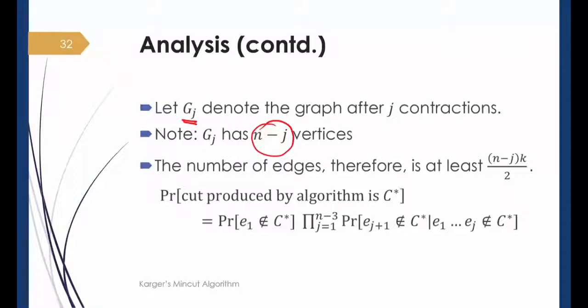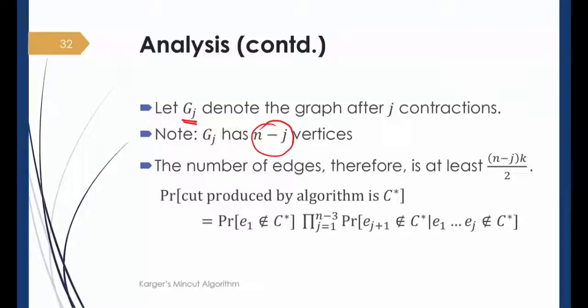And for the number of edges, you have to recall two things. Gj has n minus j vertices, and it has minimum degree at least k. So the total number of edges therefore must be at least n minus j times k divided by 2.